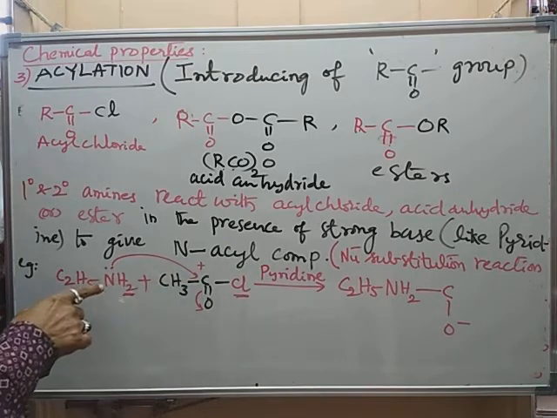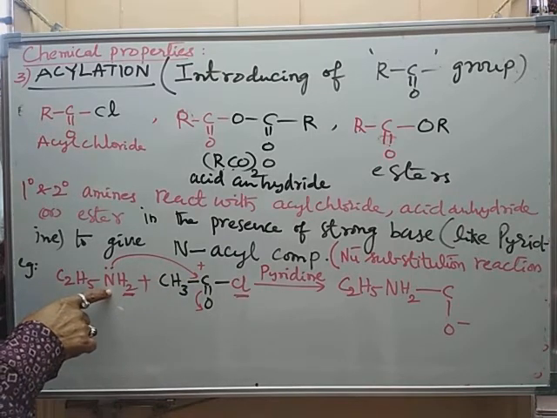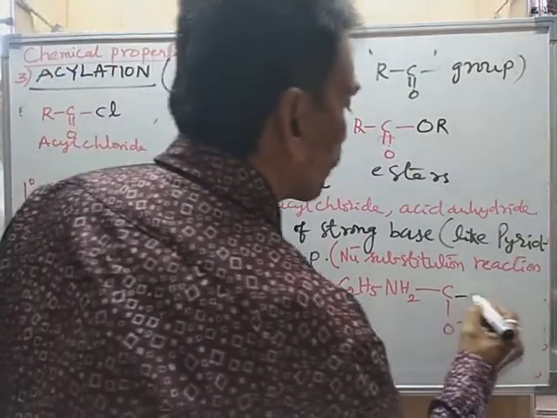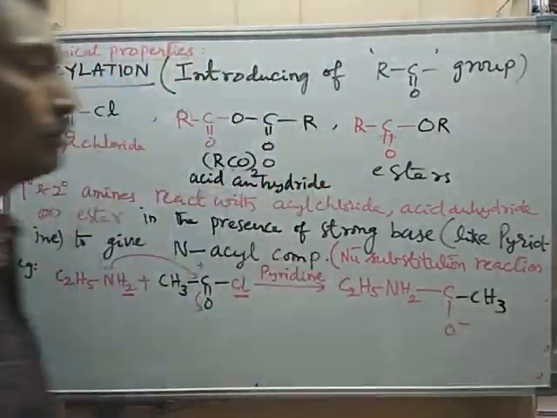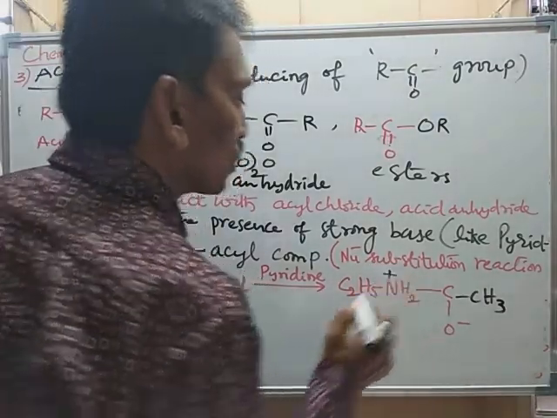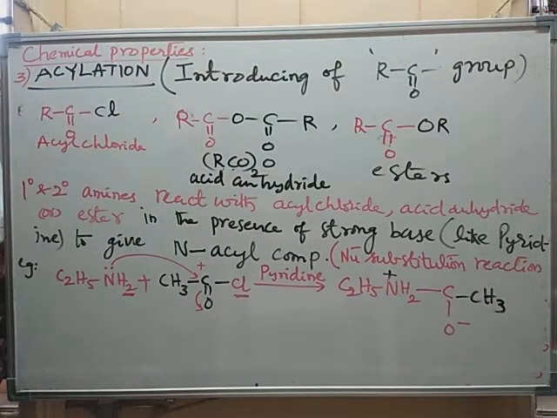This positive center attracts the nucleophile, and you get this compound with CH3. By donating its electron pair, the NH2 nitrogen acquires a positive charge, and Cl.